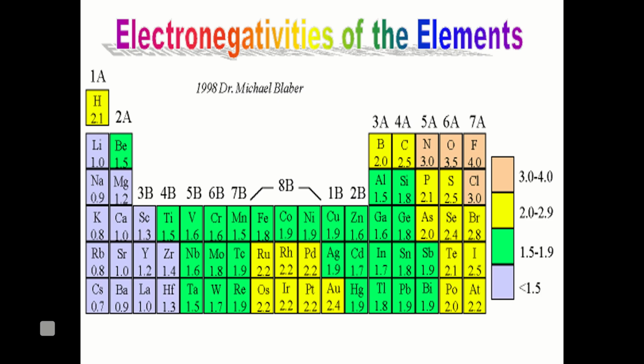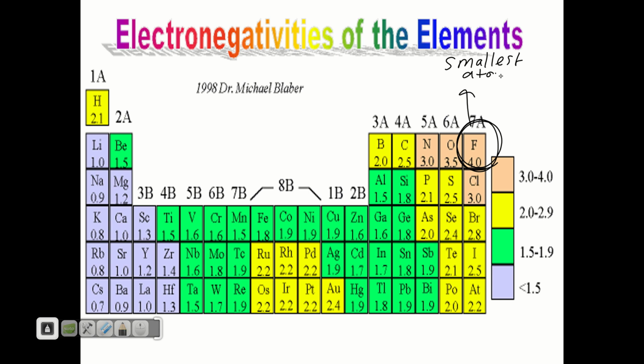One of the things that I try to point out to people is I like to tell everybody fluorine is the smallest atom and therefore has the highest ionization energy and the highest electronegativity.